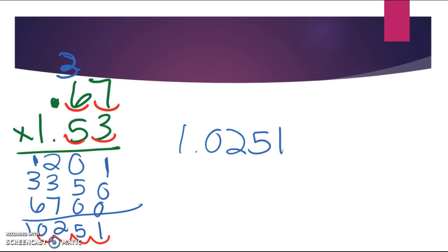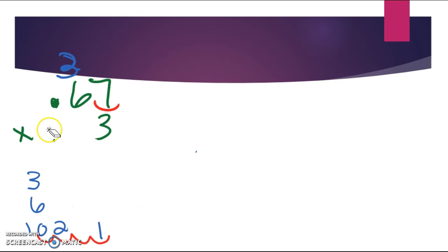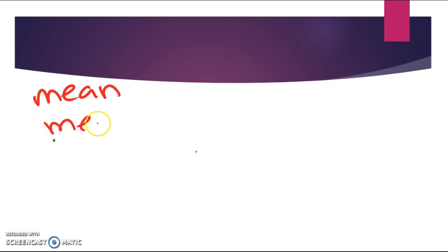Now another thing that's going to be on your test, just like on the last one, is mean, median, and mode. And there'll also be range on there.